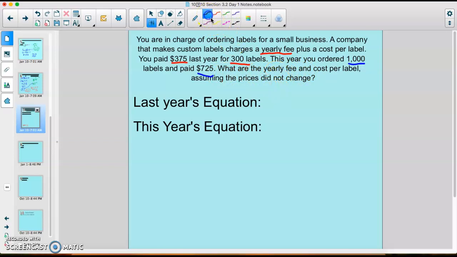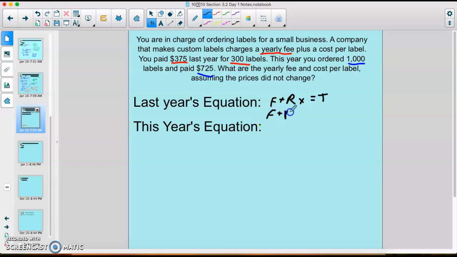Okay, so last year's equation, we had the fee plus the cost per label times the amount of labels you had, and that equaled the total amount you paid, right? Now, if we plug in our stuff here, the fee we don't know yet.